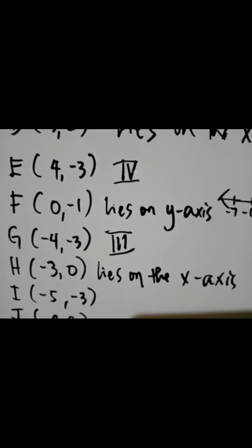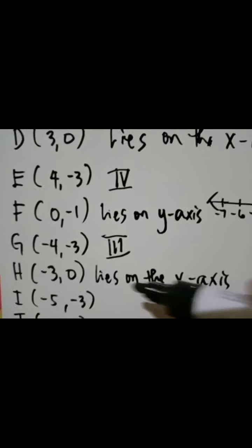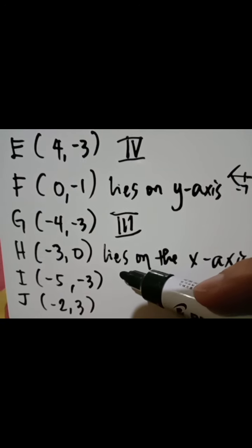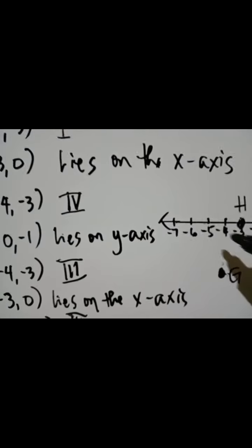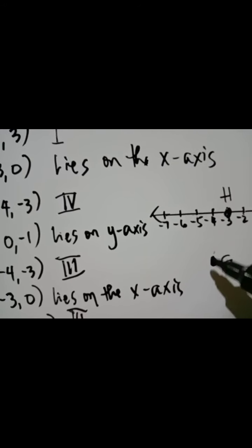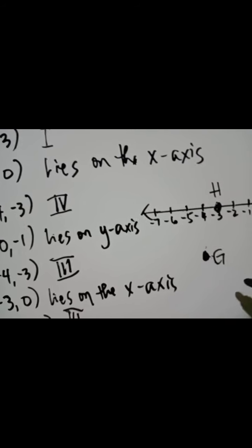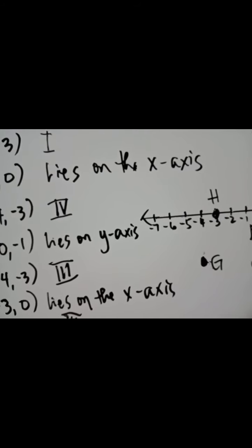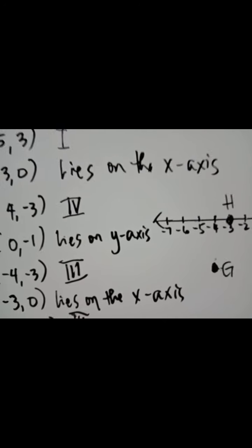Letter I, negative 5, negative 3. So you have 2 negatives. So that is very good. Lies on the third quadrant. Negative 5 and then negative 3. Okay, I think something is wrong.